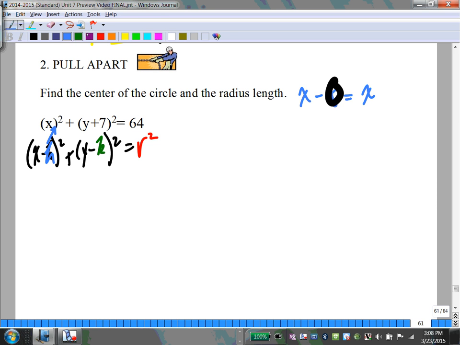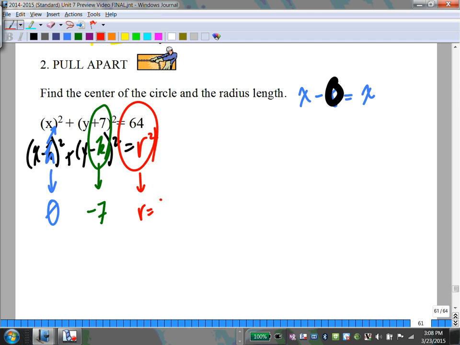So our h here has to be 0. Our k, there's a positive 7. That means we swap the signs. That means our original k had to be negative 7. R squared is 64. That means our radius is 8. So our h and k, the center of the circle, is going to be at 0, negative 7, with a radius of 8.